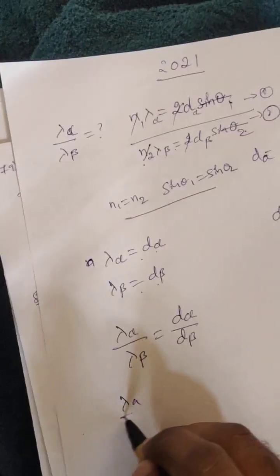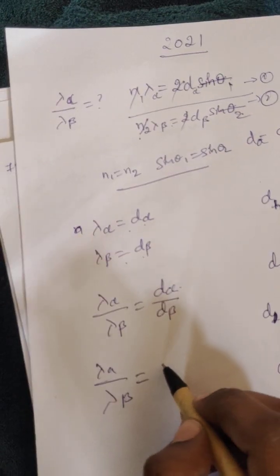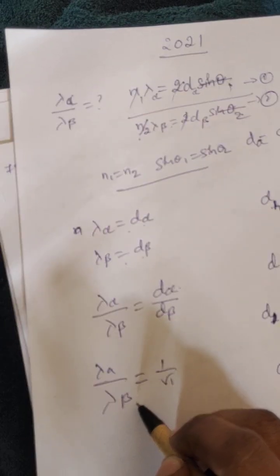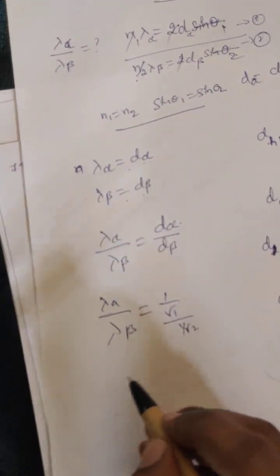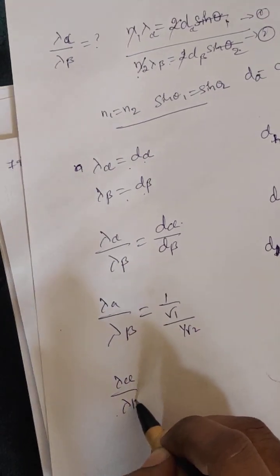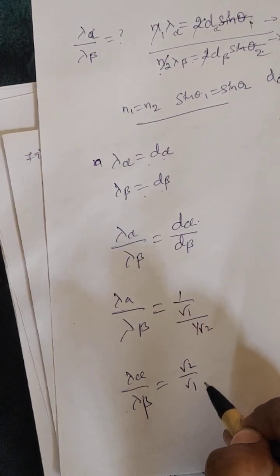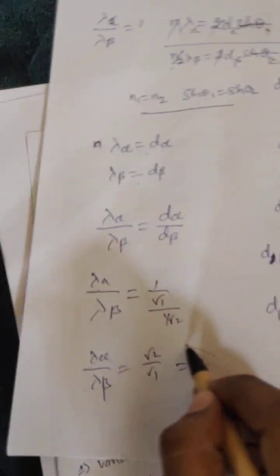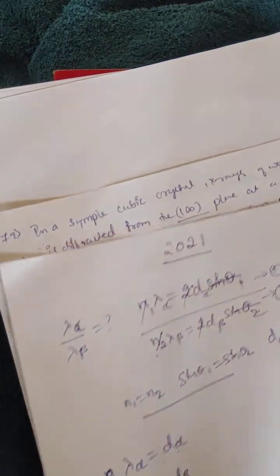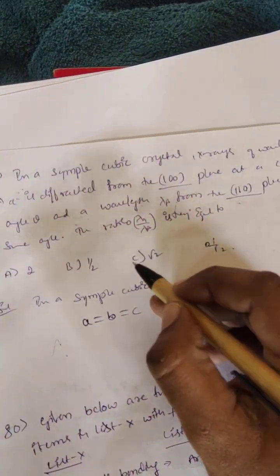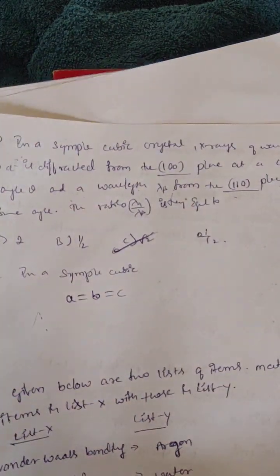What is d alpha? 1 by root 1, and d beta is 1 by root 2. Therefore lambda alpha by lambda beta is equal to root 2 by root 1, which is equal to root 2. So root 2 is the answer, which is option C. Option C is correct.